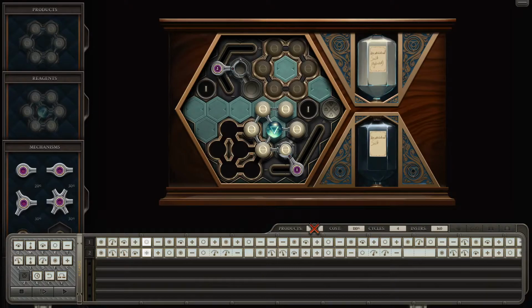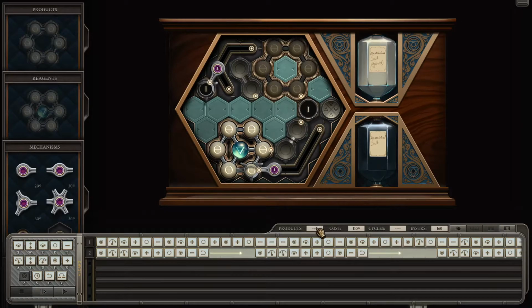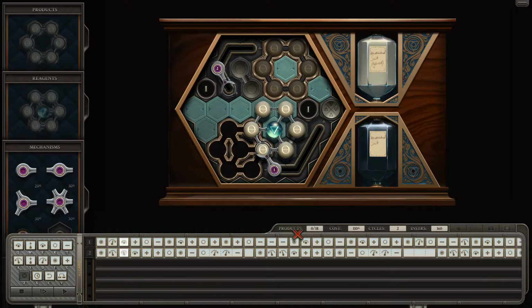Oh, you have a higher product requirement, so oh boy, I sure am glad I abandoned my previous idea of copying this 6 times. So I do have to have an infinitely repeatable setup here. Yeah, this requires 18 products, so no just shoving your waste products off to the side.